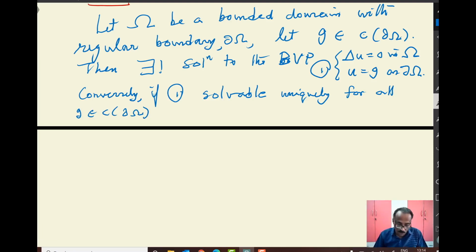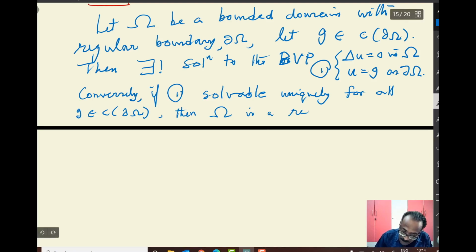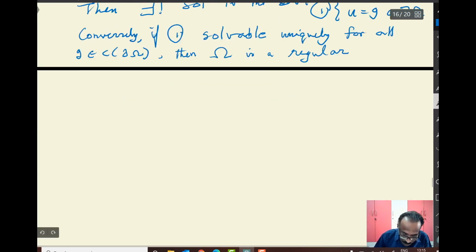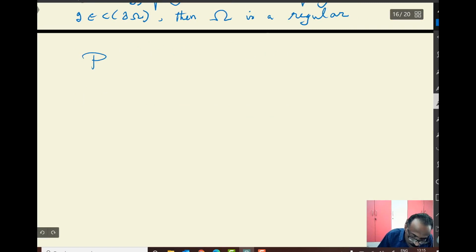Suppose you want solvability for all G continuous, then omega is a regular domain. You see, the regularity we define is an if and only if condition for solvability for every G. Of course, even if it is not regular, for some G you may get it. You take any solution of Laplacian equal to 0, it will give some boundary condition, so naturally it satisfies such an equation. So the proof is trivial now.